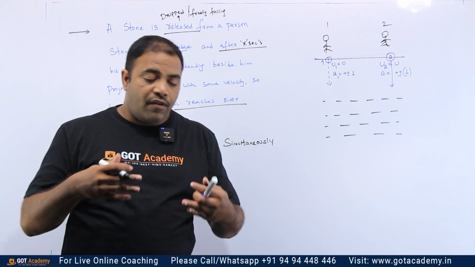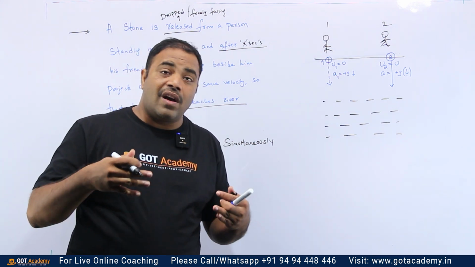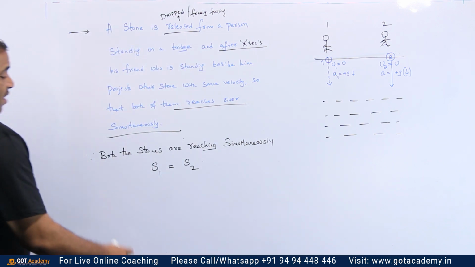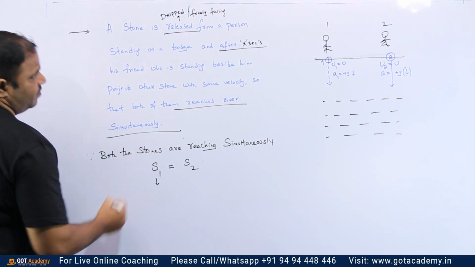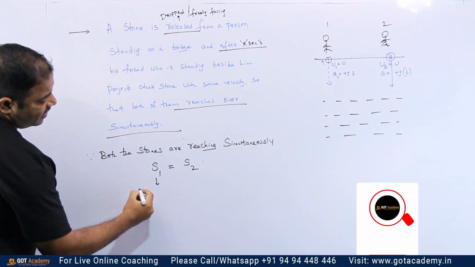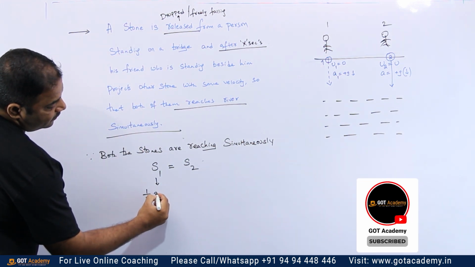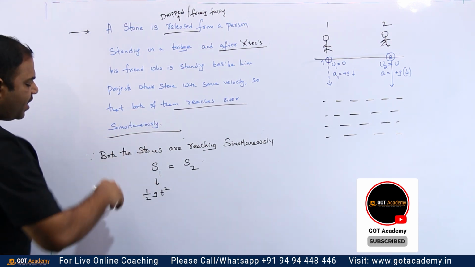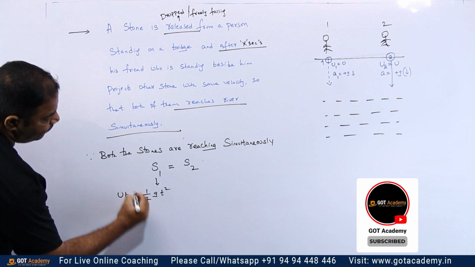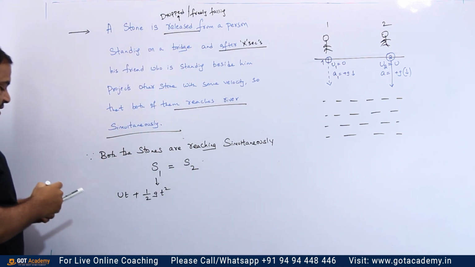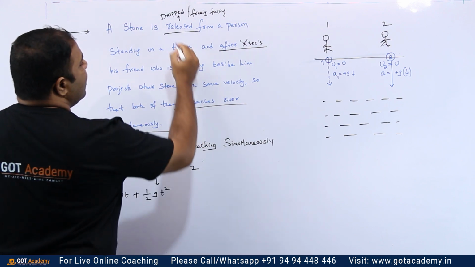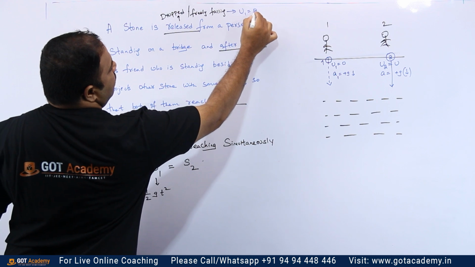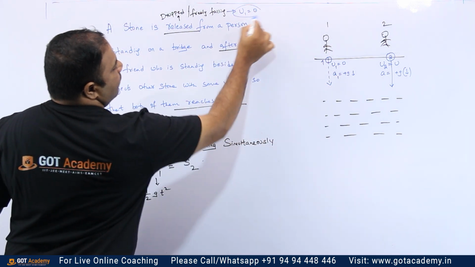That is the meaning of both of them meeting or reaching simultaneously. If the first one is freely falling, then it is ut plus half g t square. But when it is dropped, released or freely falling, the initial velocity is equal to 0, as I mentioned earlier. So that is what I have shown here.